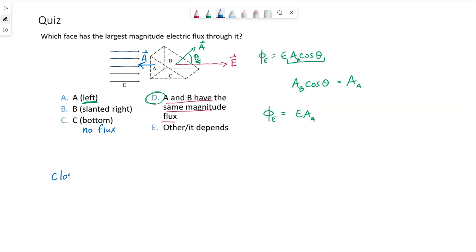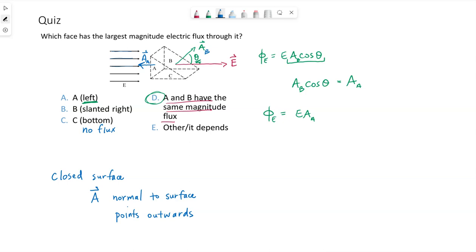Whenever we have a closed surface, the area vector is still normal to the surface, but it specifically points outwards. And that's why surface A, its area vector, I'll put A sub A. This one was A sub B. I already drew that one pointing outwards.